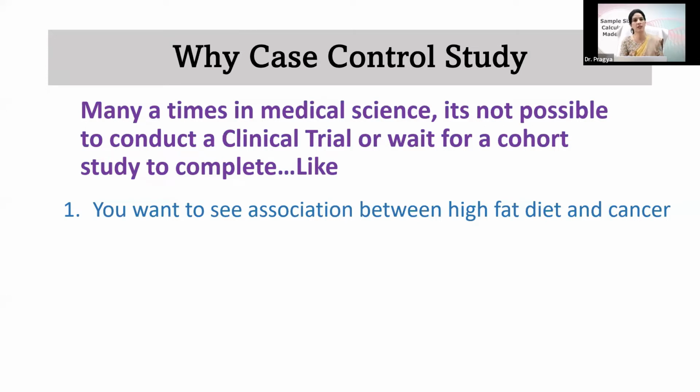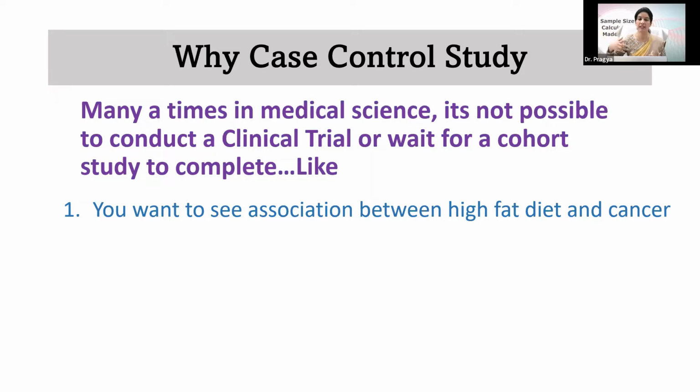If you want to see the association between a high fat diet and cancer, so I want to test this hypothesis, I have got three options. I can do a case control study, I can do a cohort, I can do a randomized control trial. But RCT, although the evidence is high, because of the ethical concern I cannot expose a person to a high fat diet and see whether the cancer develops or not.